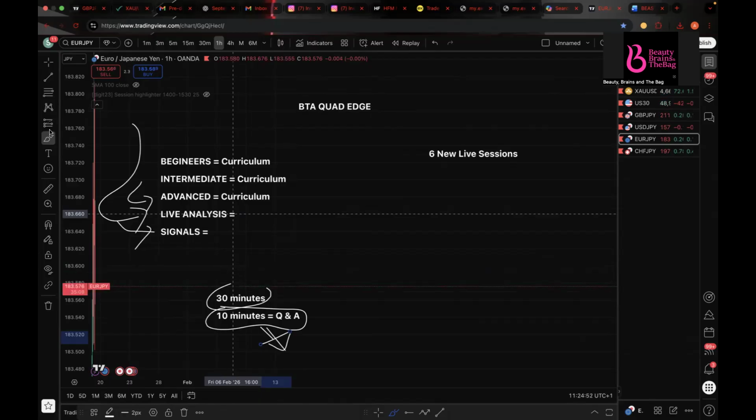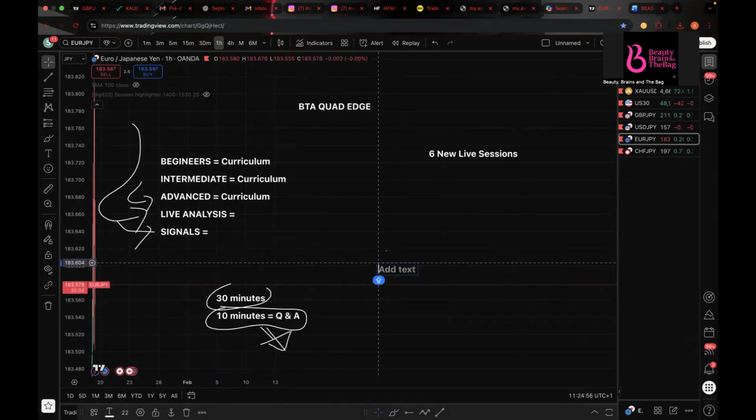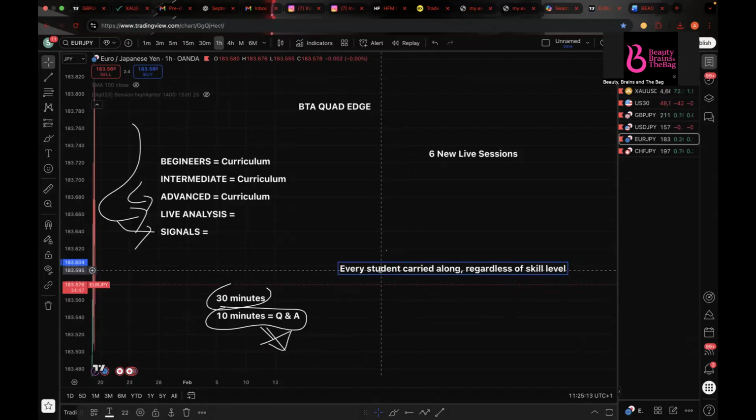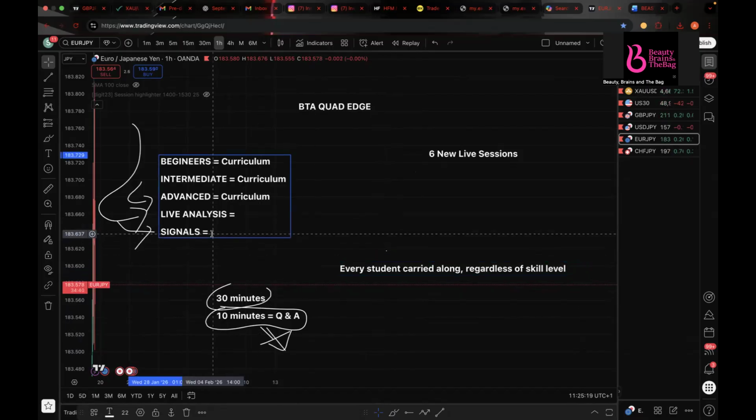That way, every student is carried along, regardless of skill level.